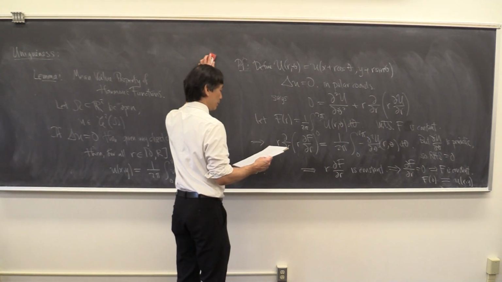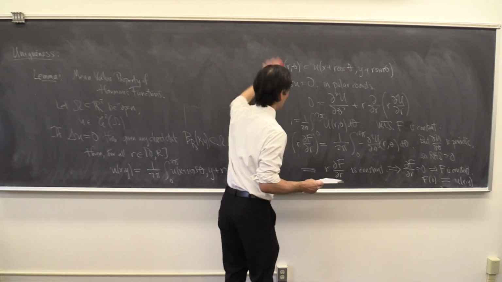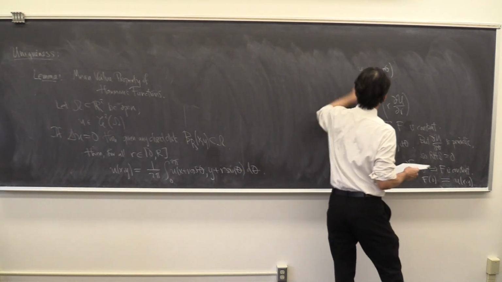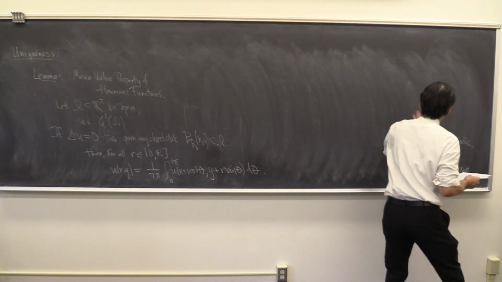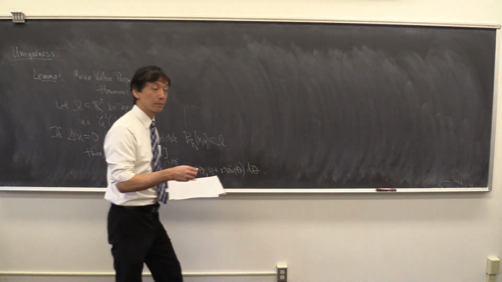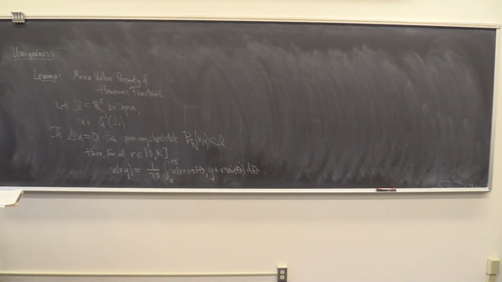Now let's use that to prove uniqueness. We didn't use any of the previous results about the Poisson kernel being a good kernel to prove this, right? Not this part.